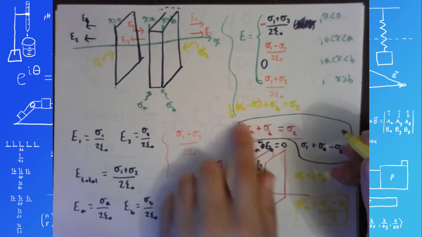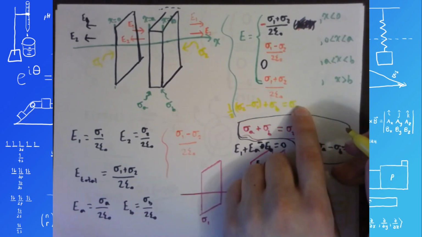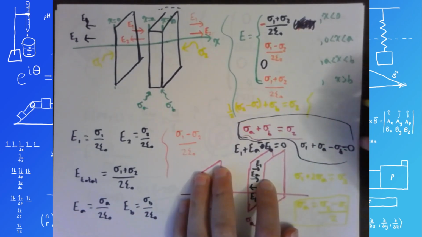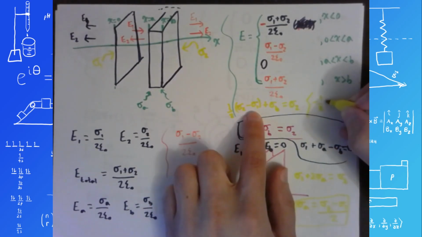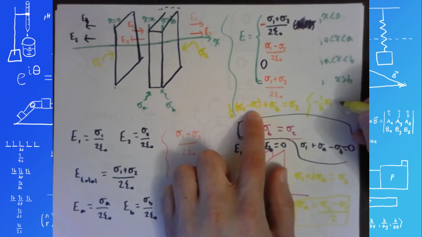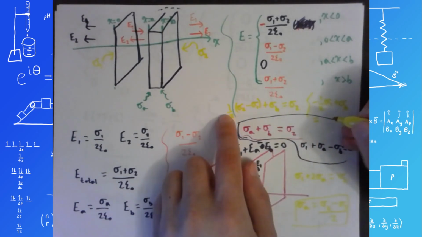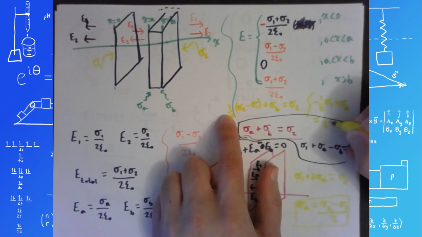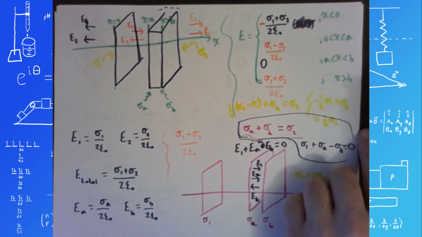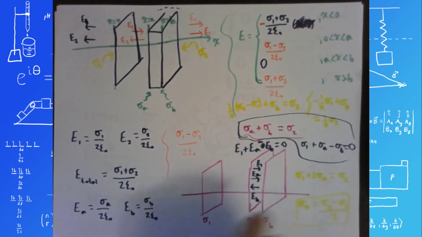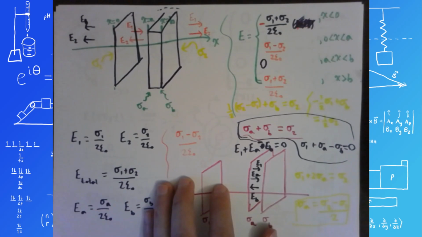The half sigma 2, if I subtract it from the sigma 2 over there, then I'm left with a half. So I'd have minus 1/2 sigma 1 still on the left-hand side, plus sigma B equals sigma 2 minus half of sigma 2 is 1/2 sigma 2. So add 1/2 sigma 1 over to the right-hand side, and sigma B is going to be the sum of sigma 1 and sigma 2 over 2.